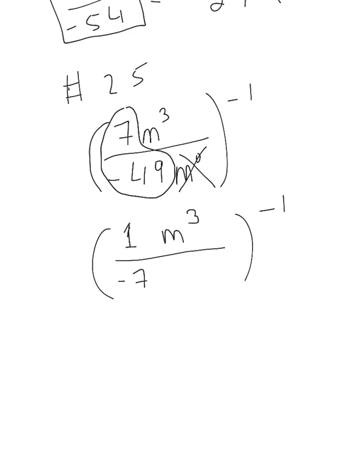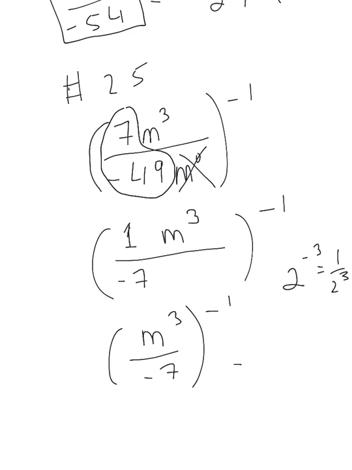Everything is raised to the negative first. So now what you have is m cubed over negative 7, to the negative first power. So how do you do this? One way to explain this is this. Anything to a negative power becomes 1 over whatever it is. In other words, if I give you 2 to the negative third, you write 1 over 2 cubed.